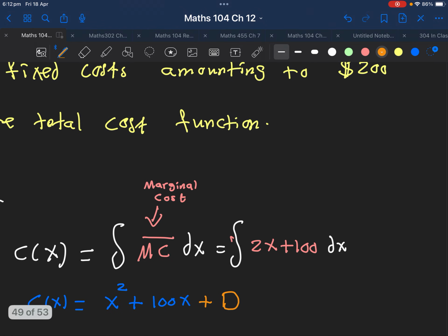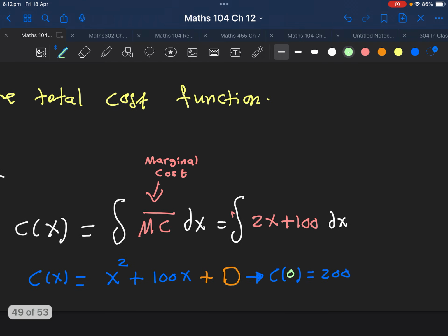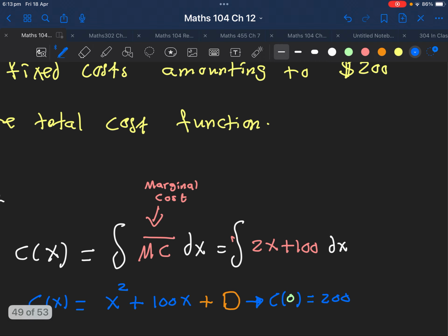So remember, if I just plug in 0, the answer should be 200. That's if we plug in 0 here. Now this means, I take this equation and I plug 0 instead of each x, keep the capital D, which I need to find, and the answer should be 200.